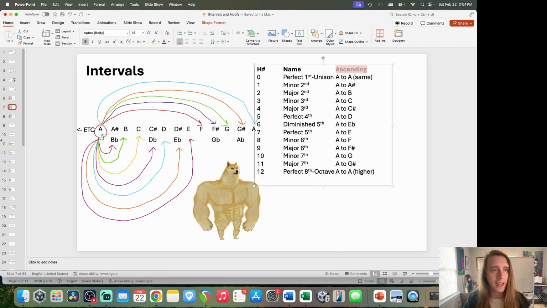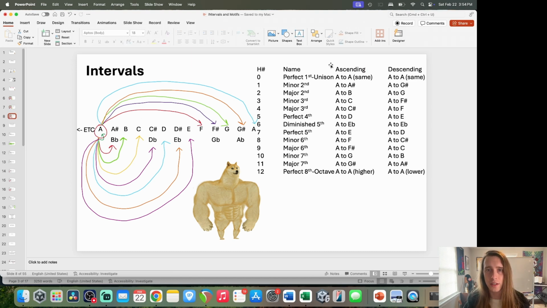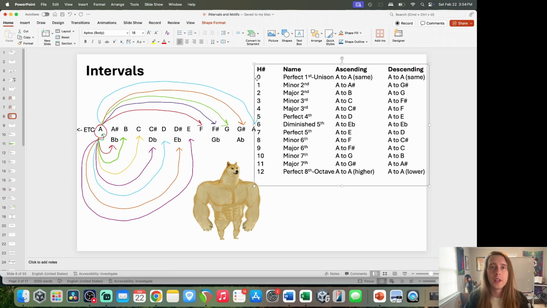And really, actually, let's go descending too, because it's all the same. So you can ascend or descend these steps. And so what they're called is zero half steps, meaning you're not moving forward or backwards, is called a perfect first, more commonly known as unison. So in the example of A, that would be moving A to A.